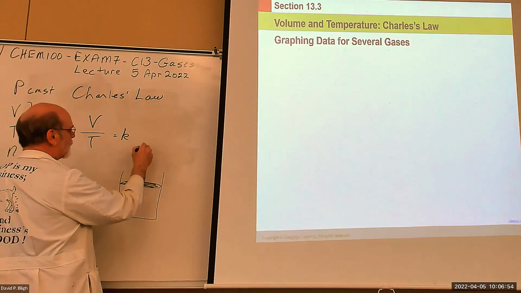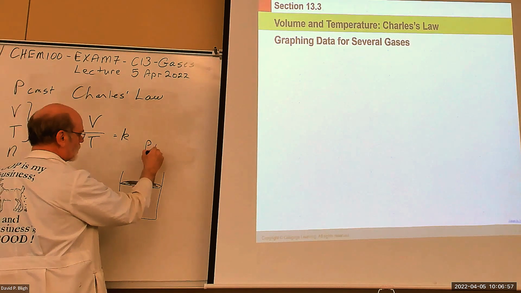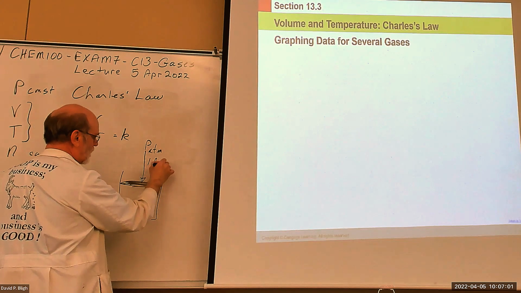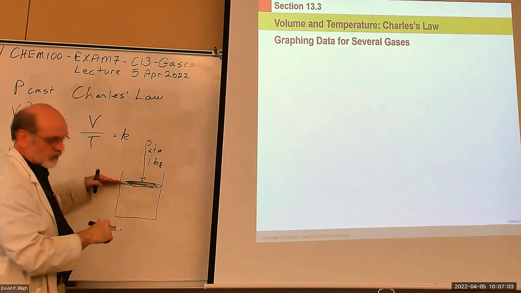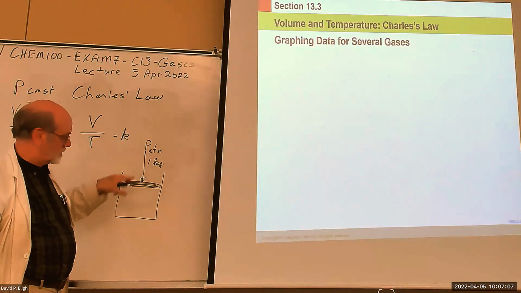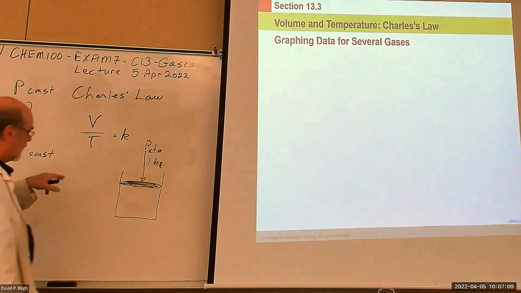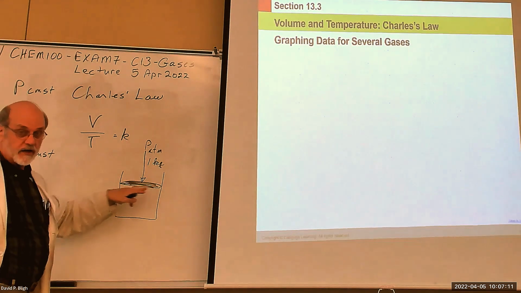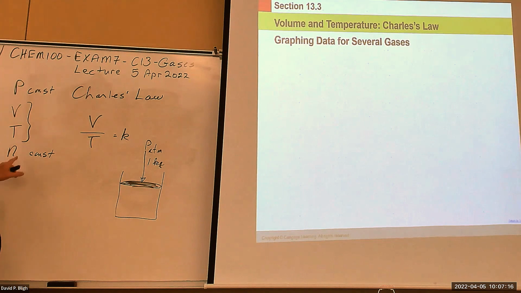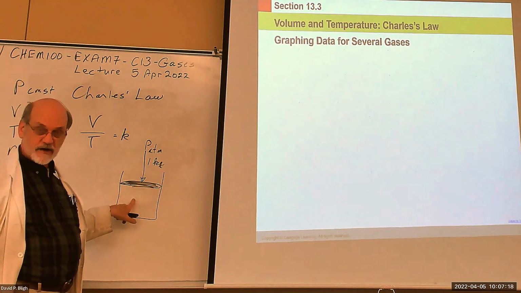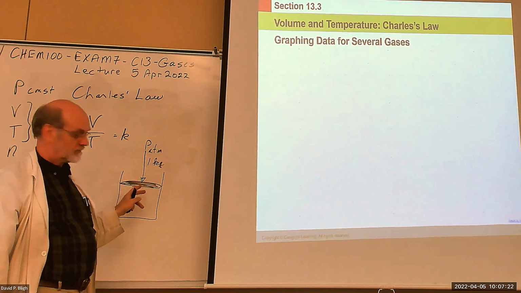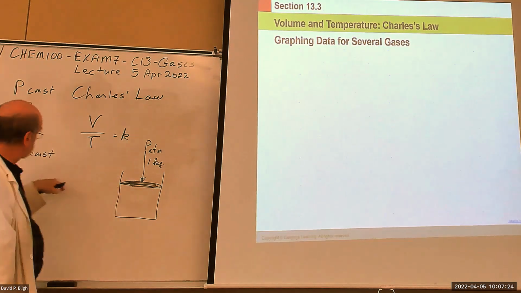You have atmospheric pressure, of course, but if you put a little extra weight, like 1 kilogram, then it'll sink to a certain level. Now you have a constant pressure on that gas. The force over this area, the area doesn't change, so the pressure is constant. The number of moles is constant also because you trap the gas and you're not going to let any gas in and none can get out. So now we have constant.